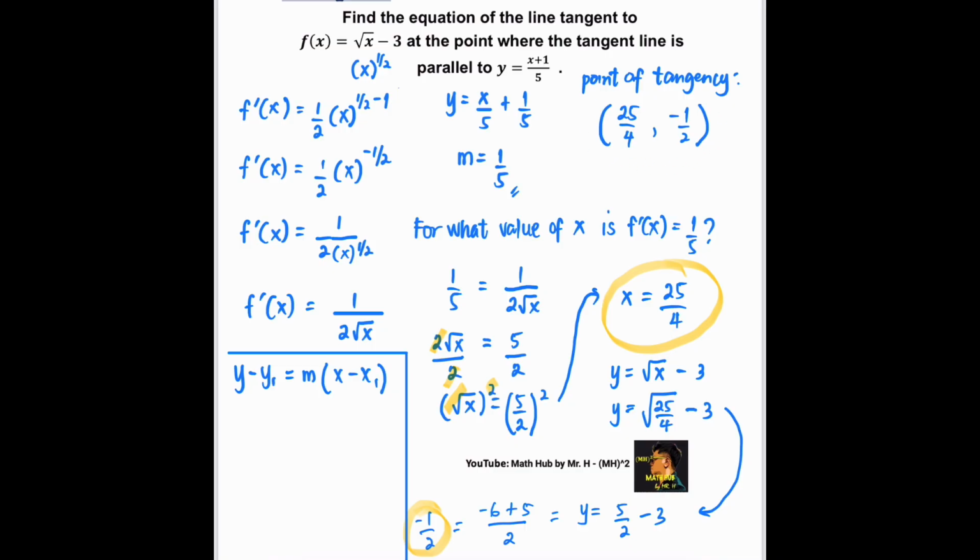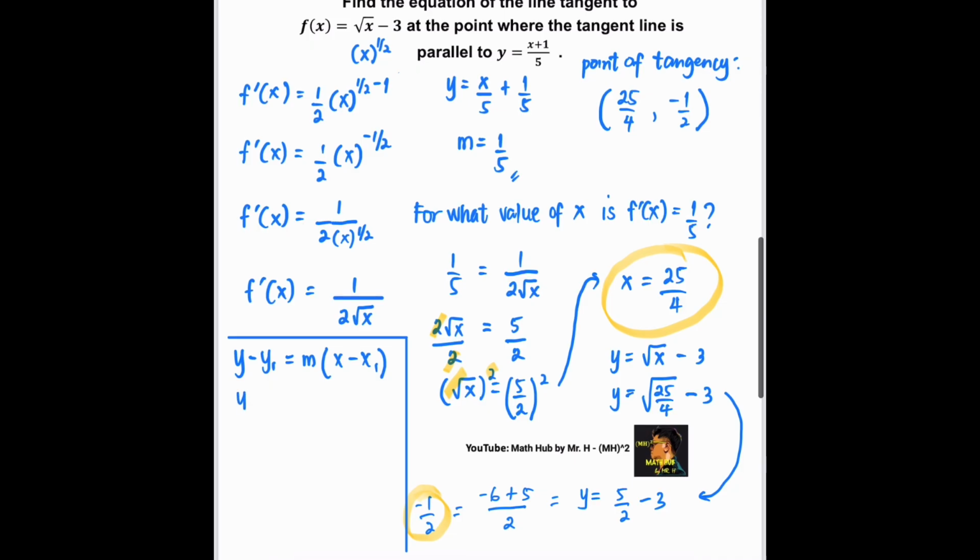All right, so we'll have y minus, or it's going to be y plus 1/2 equals, slope is 1 over 5 times x minus 25 over 4 for the x-coordinate. This is already the equation in point-slope form, but it will always depend on what is needed, because you can be asked to write the answer in point-slope form, slope-intercept form, standard form, or general form.